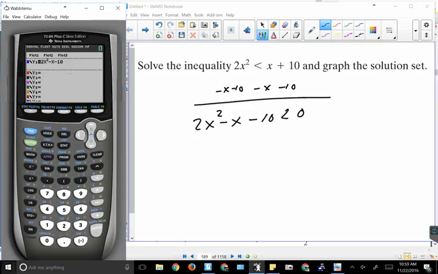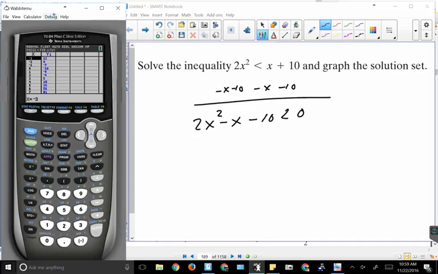Graph. Identify the zeros. So we want to do it quickly. Let's see if we get over here in the table, if there's any place where it hits 0. And I only see one 0, which is going to be at -2.